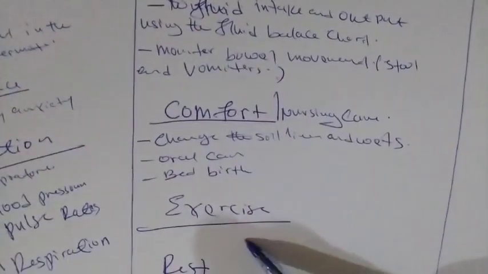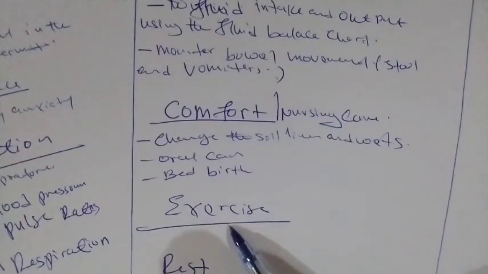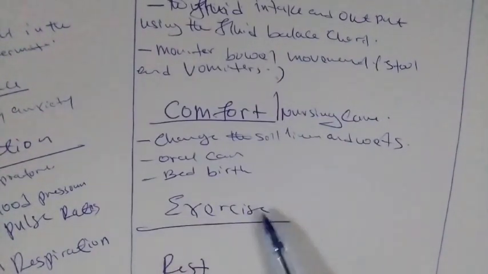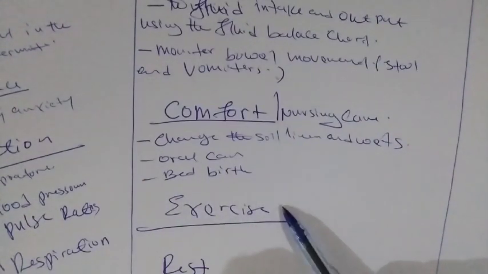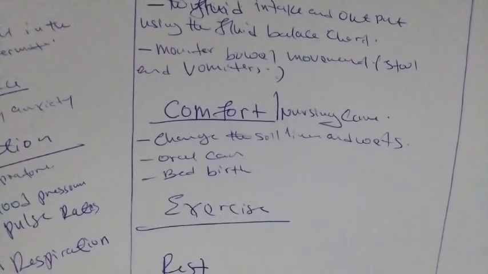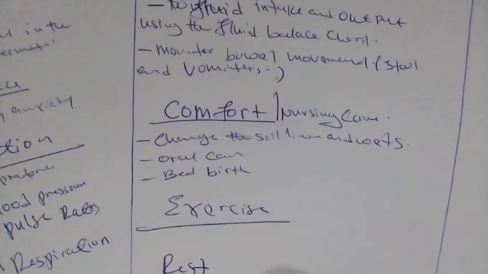Then after, we are going to do exercise for our patient or help our patients to do exercise. We will advise our patients to do exercise. And then another thing, after exercise, you need to rest. We are going to make our patient rest, restrict visitors, switch off the light at 10 p.m., and avoid noise in the ward.